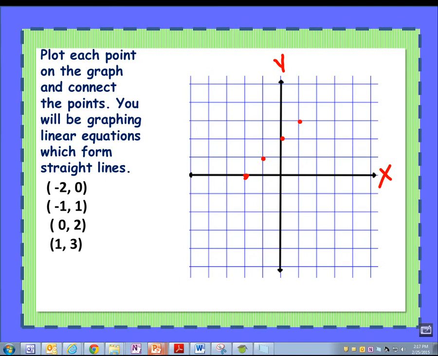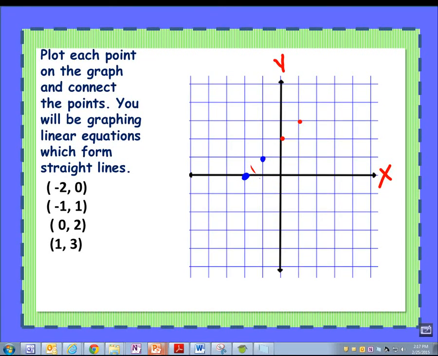Then I have the second one. I'm going to do it in blue. Then I have negative 1, 1. So I'm going to start at the origin, and I go negative 1 on the x, and then I go up 1 right here, and that's where I'm going to end up with that.